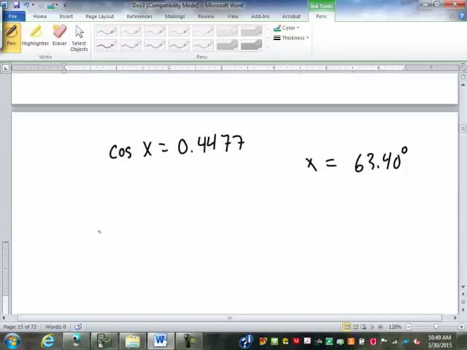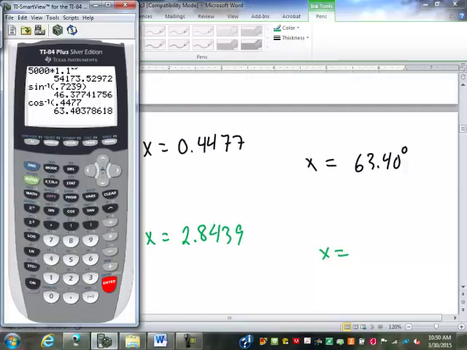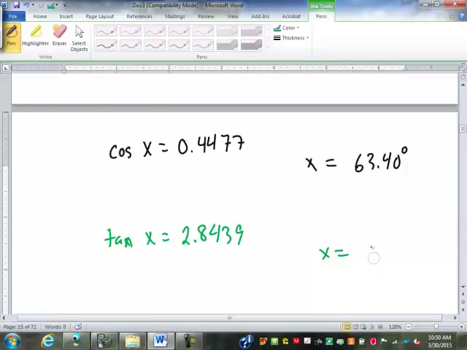Or tangent x. Now, sine and cosine both have to be 1 or less. Tangent can be any number. So let's say tangent of x equals 2.8439. X is going to be second tangent 2.8439, 70.63 degrees.